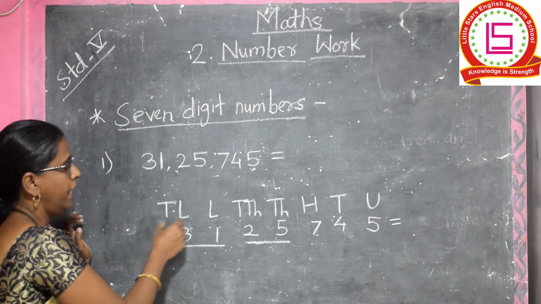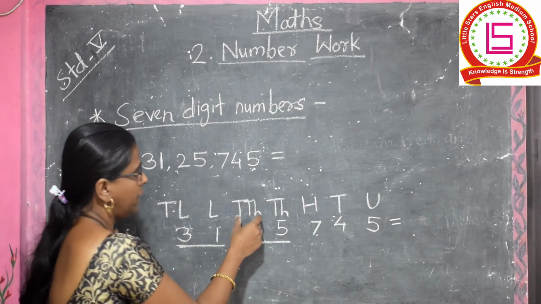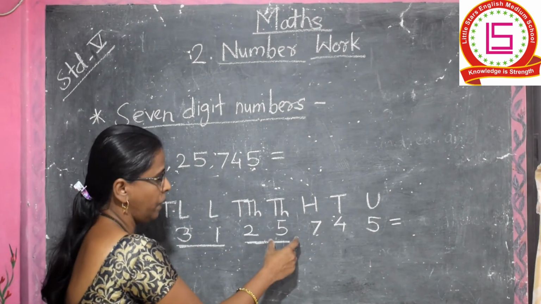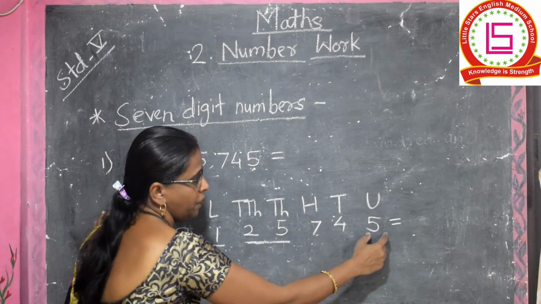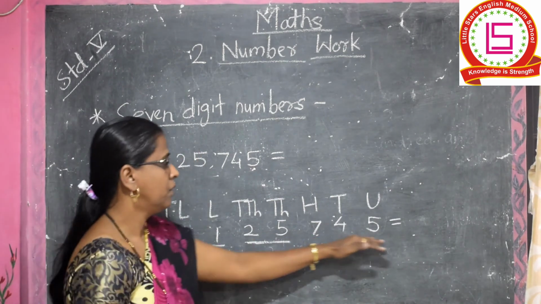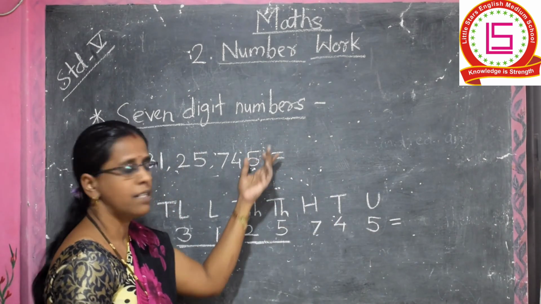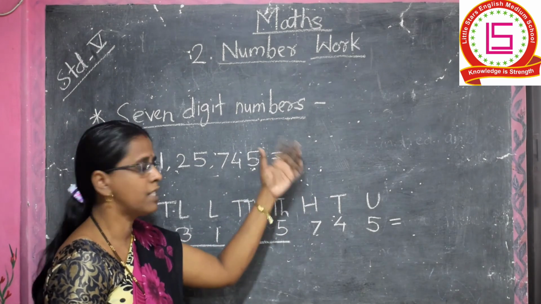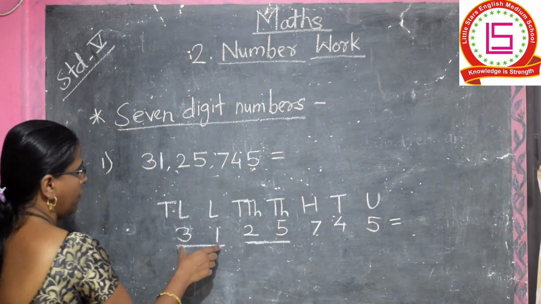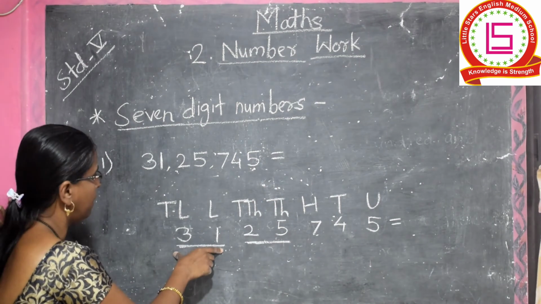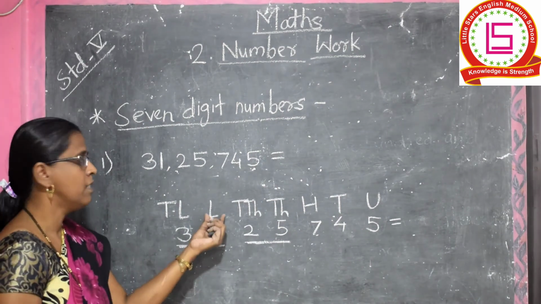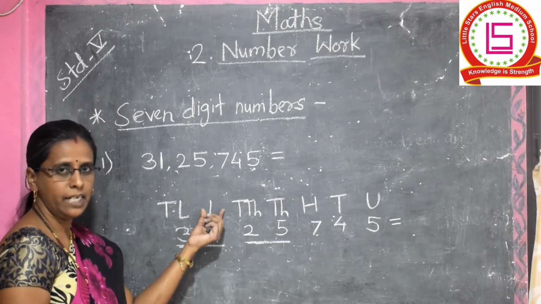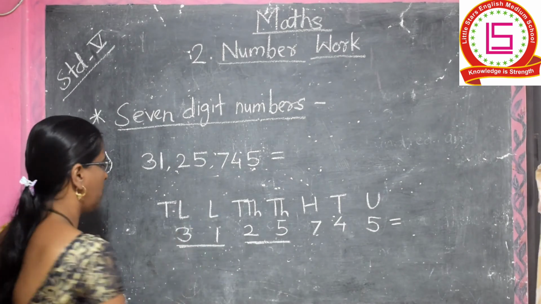Okay, 10 lakh and lakhs place, then 10,000 and 1,000 place, and 100, tens, unit place, as we write for the 6-digit number, same as the 6-digit number. Then here, first we read these 2 digits together and write the name of the place of the second or last digit.